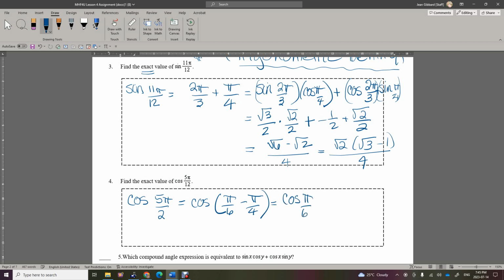Cos pi over 6 times cos of pi over 4 minus sine of pi over 6, running out of room here, times sine of pi over 4. Now again, we'll go in and get their actual values.